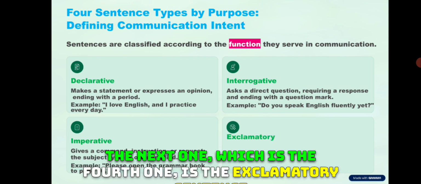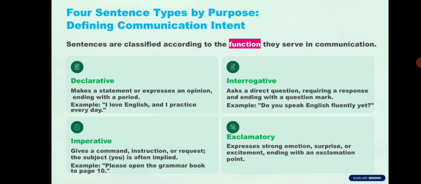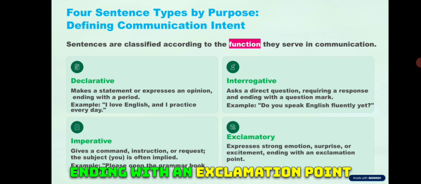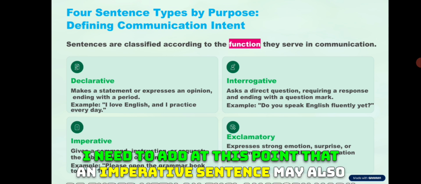The next one, which is the fourth one, is the exclamatory sentence. This type of sentence expresses strong emotion, surprise, or excitement, ending with an exclamation point. I need to add at this point that an imperative sentence may also end with an exclamation mark, depending.